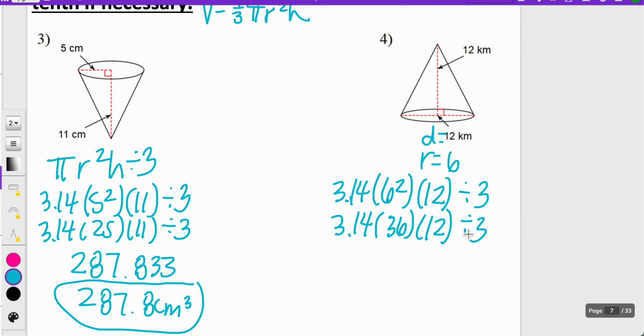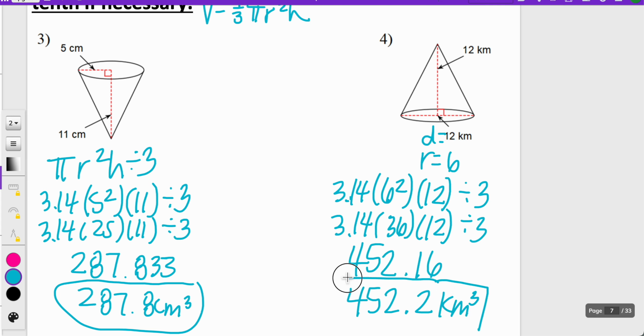So multiplying straight across, 3.14 times 36 times 12, I'm getting 1,356.48, but then dividing that by 3, I get 452.16, but rounding that to the nearest tenth, I'm going to say 452.2 cubic kilometers.